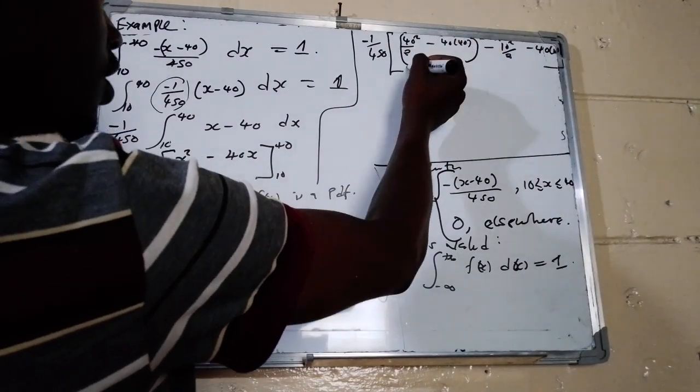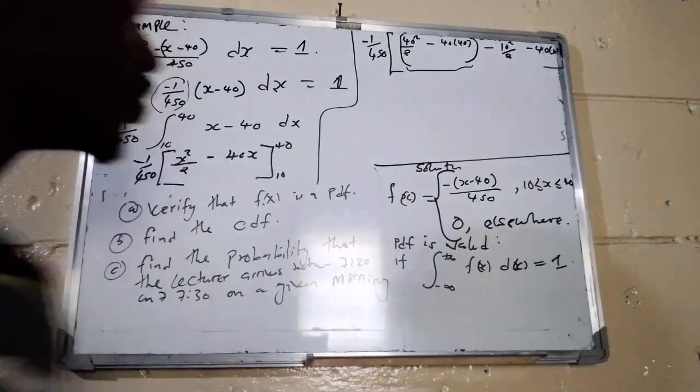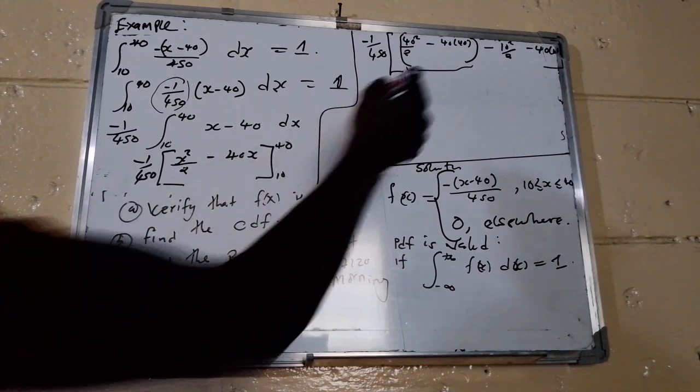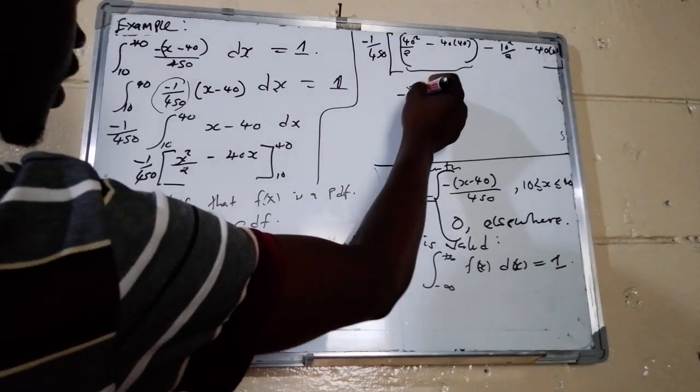So this whole thing, if you use your calculator very well, you'll be able to find 40 squared and so on. I think with our calculator, this is something like negative 800, if I'm not mistaken.